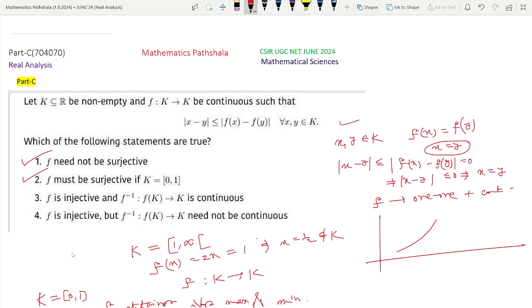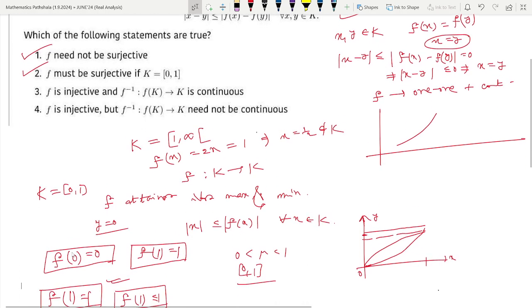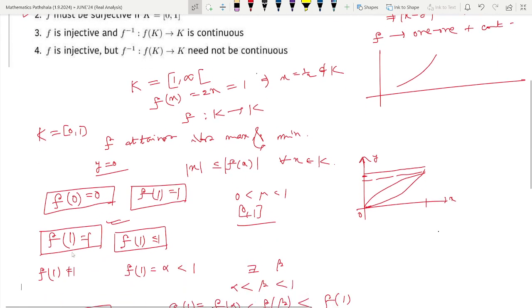Now look at option 3. F is injective, and we have also proved that f is injective, and f inverse from f(K) to K is continuous. We can prove this.